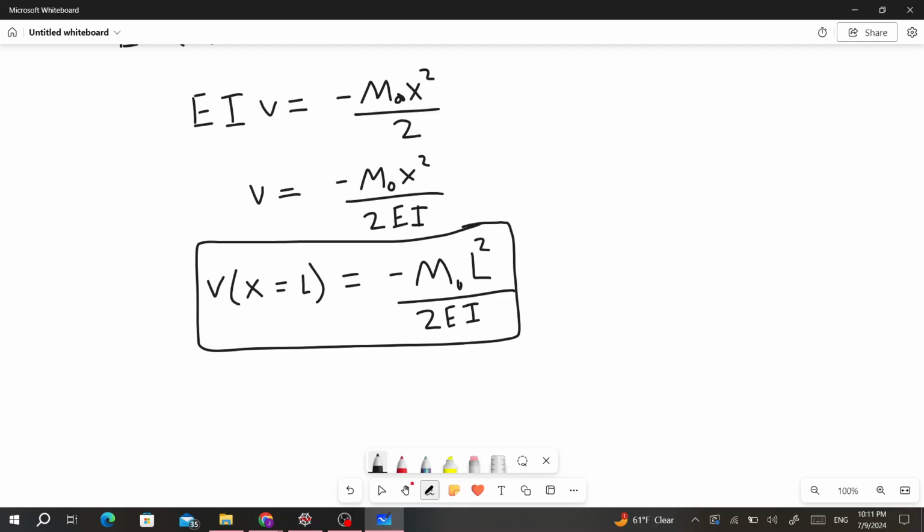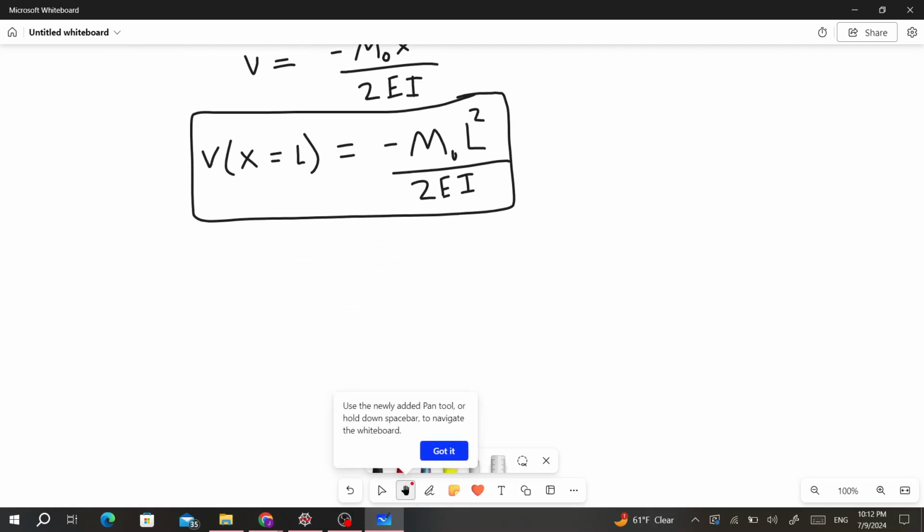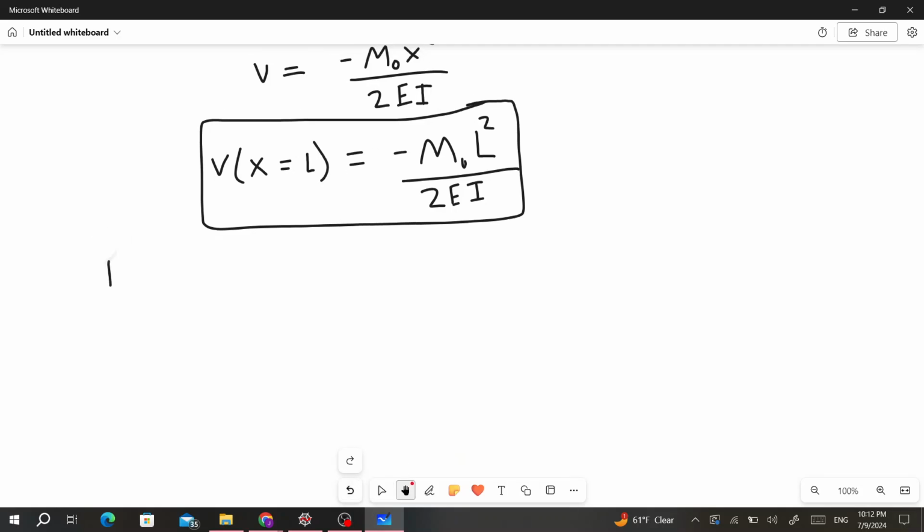We want to know what the total deflection of the beam is, though, caused by the force and caused by the moment. So this is where we're going to use superposition.